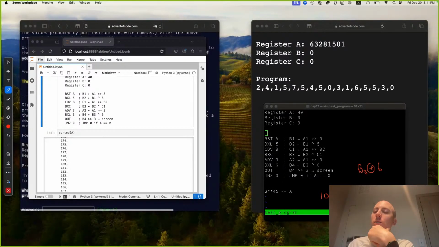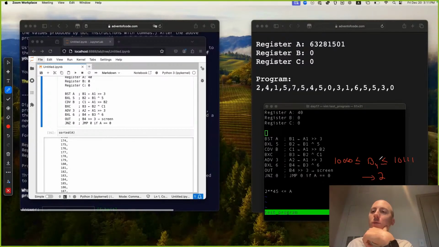So using this here, I'll bump this up. Going with the intuition we just gained, if B4 is in this range, then we will print a 2 out to the screen.